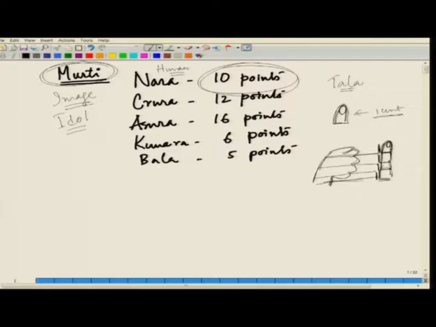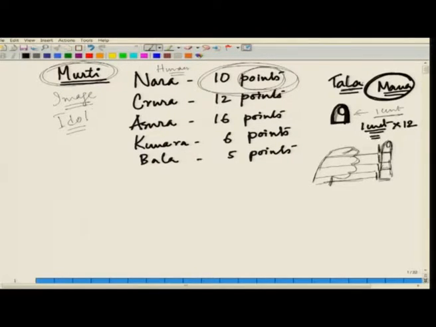So, that is standardized as 1 unit. Now, 1 point or 1 tala, for measuring a mana, that is measurement. So, 1 tala is 12 times larger than 1 finger. So, if we have 1 unit, that is 1 finger, basically 1/4 of a finger, then 1 unit into 12 will give us 1 tala.